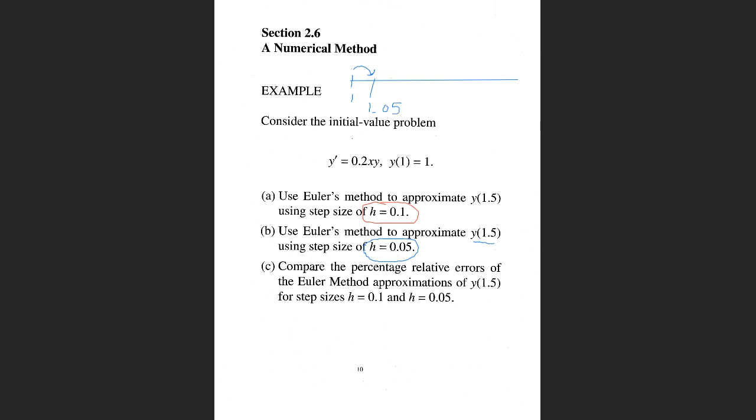It's going to take more iterations to reach 1.5 because the step size is half as small. So clearly, if we want approximations with this smaller step size, we're going out 10 steps.